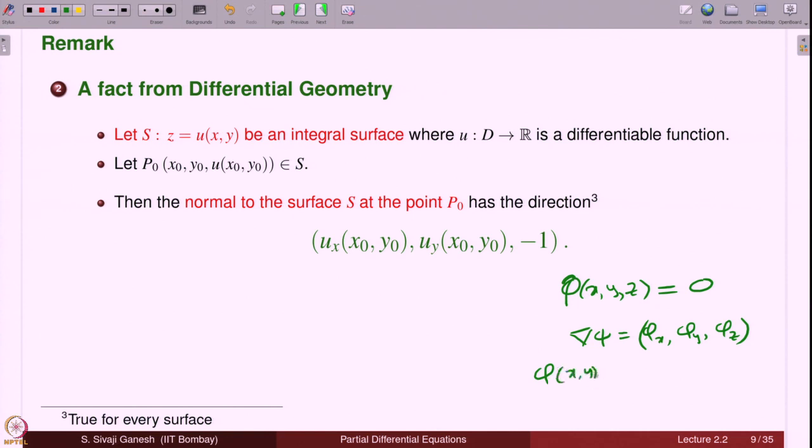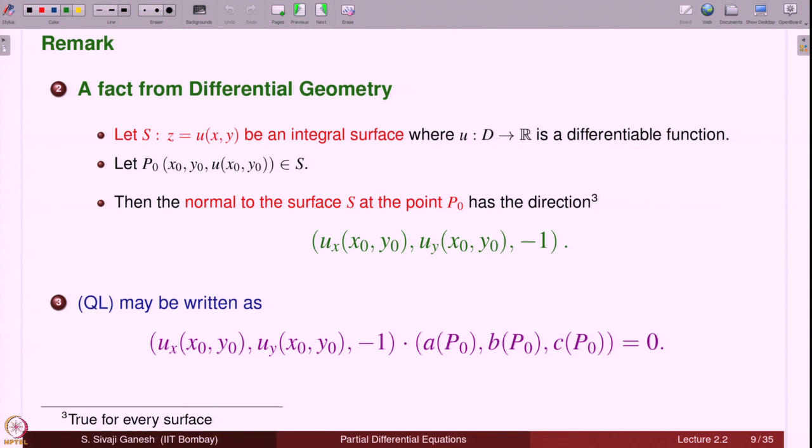Phi of x, y, z is equal to, let us write in this form, u of x y minus z, and its gradient is nothing but u_x, u_y and minus 1. That is true at every point. So, this is a more general fact that this is a normal. Therefore, the quasi-linear equation is nothing but the dot product of this (u_x, u_y, minus 1) with (a, b, c) equal to 0. What you get is a u_x plus b u_y equal to c. That is the meaning of saying it satisfies the PDE at the point x 0 y 0.